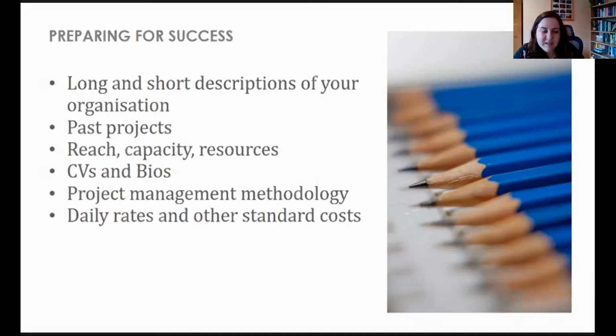So it's really worth taking the time to do that. And then also plotting any other standard costs. So if you're often applying for, maybe running workshops or something like that, have an idea of how much that costs you: your venue rental, your printing, your teas, your coffees, all that kind of thing. Have all that worked out in advance, so that it makes it so much easier when you're building a budget for your project.